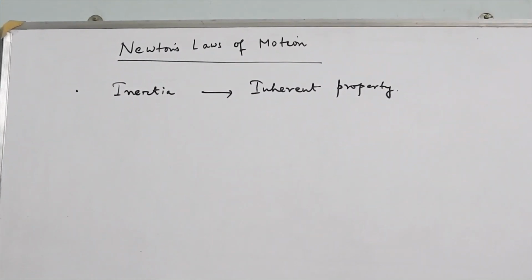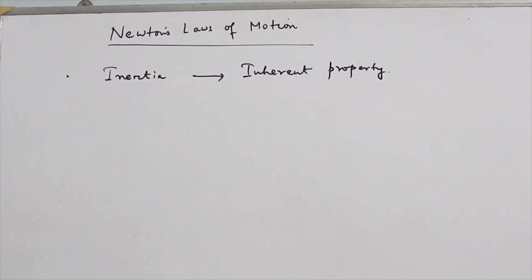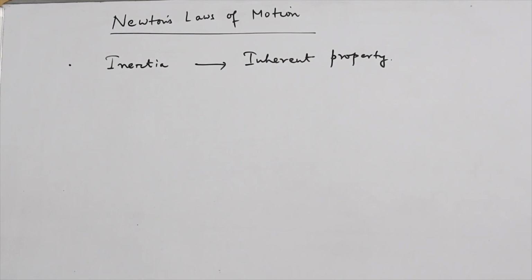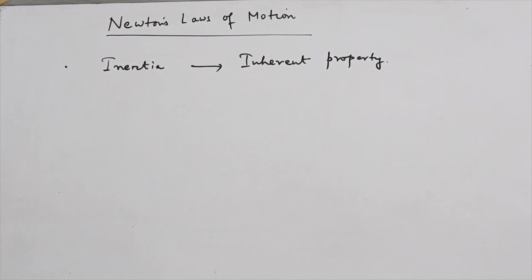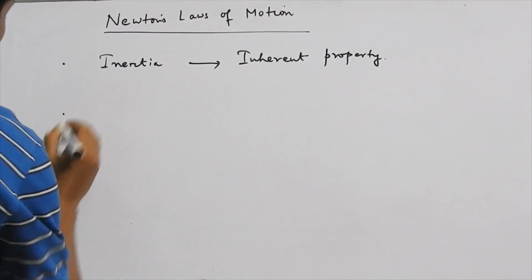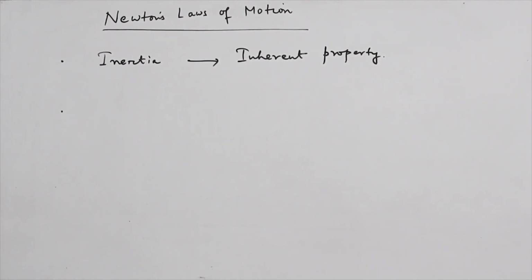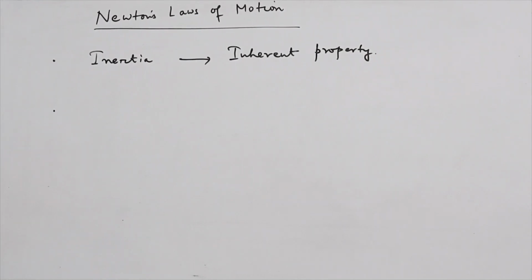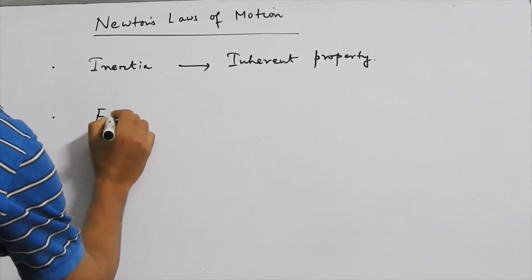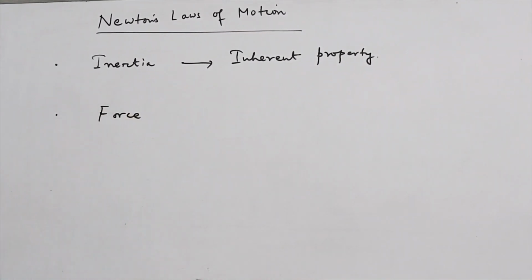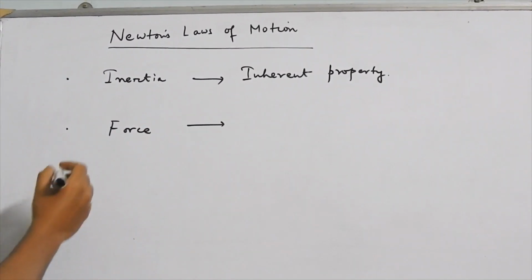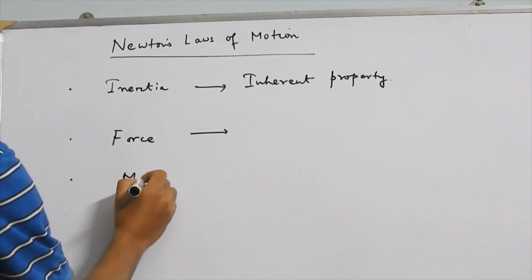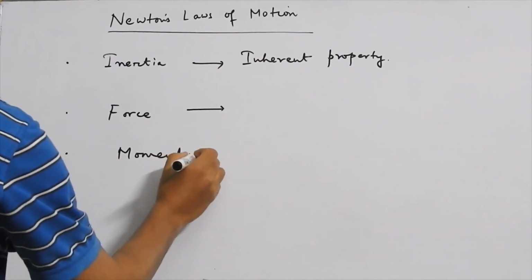So Newton's laws of motion, starting from the first law, the second law to the third law, describe inertia and the force that tries to bring a body into motion or retards a moving body and finally tries to stop it. So Newton's laws briefly describe force, inertia, and another important concept which is called momentum.